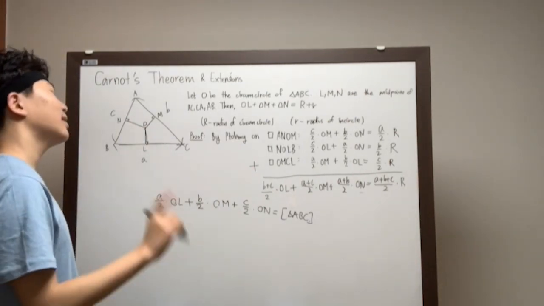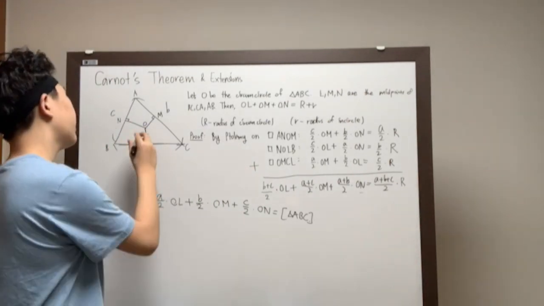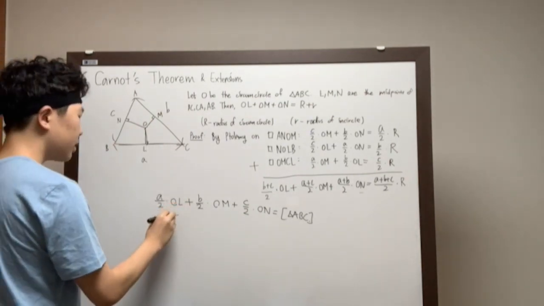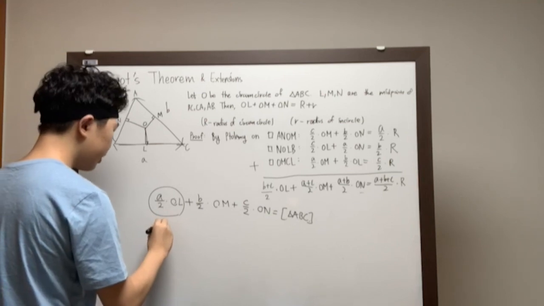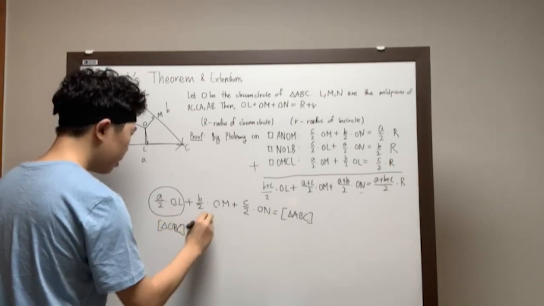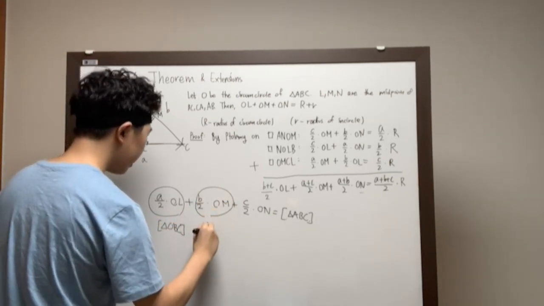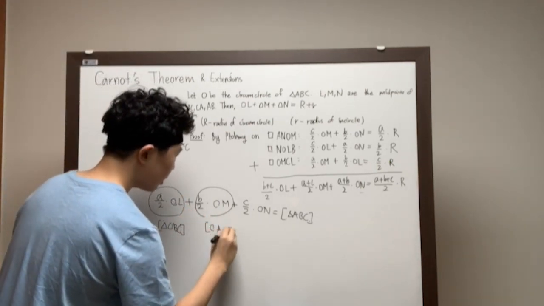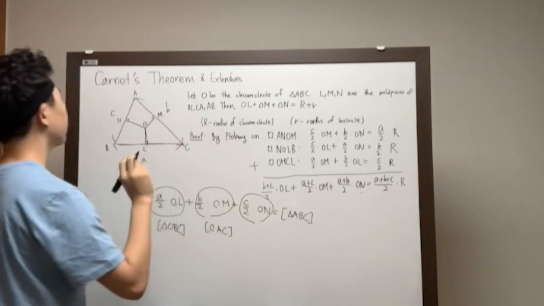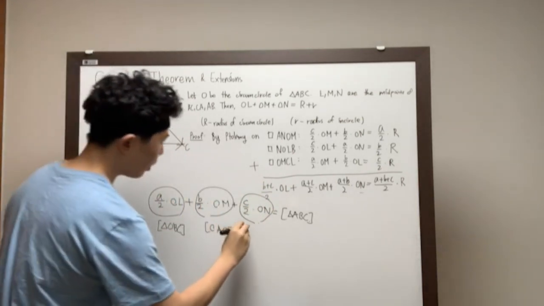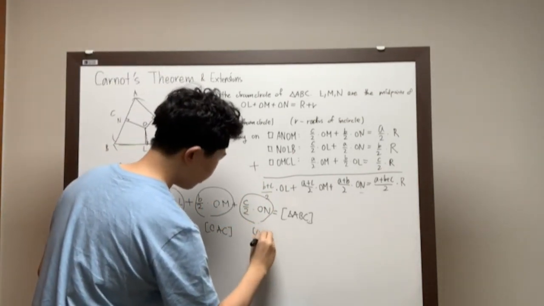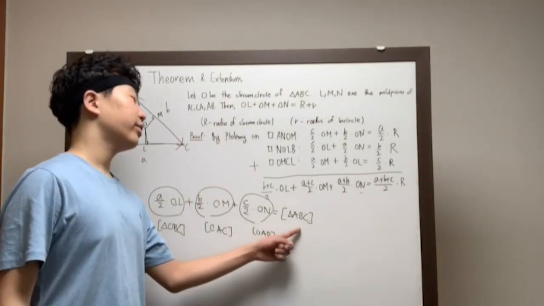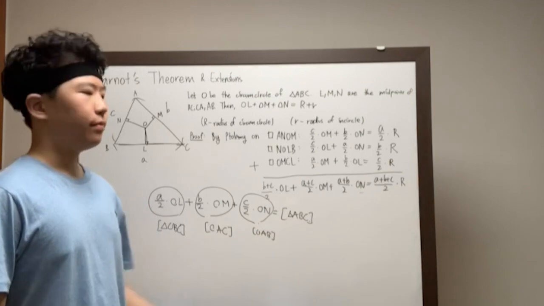So that is indicating the area of triangle OBC, and this one is indicating the area of triangle OAC, and this one is indicating the area of triangle OAB. So that's why this sums up to the area of ABC, right?